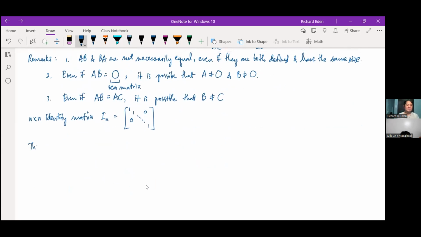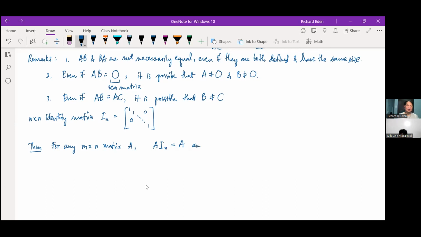One thing we know about the identity matrix is that for any M by N matrix A, if you multiply A by I sub N, so this makes sense now because A is M by N and I sub N is N by N. So the result will be what matrix? Yung ano pa rin po, si A pa rin.